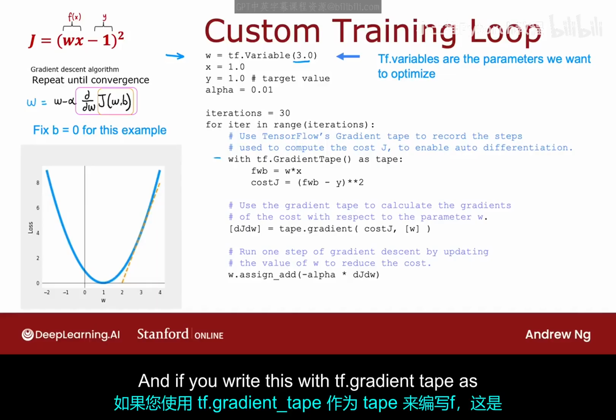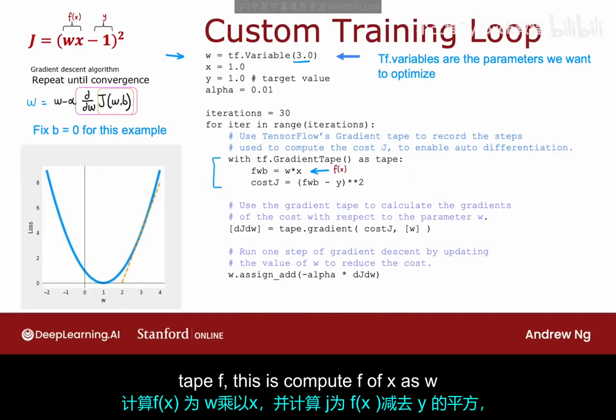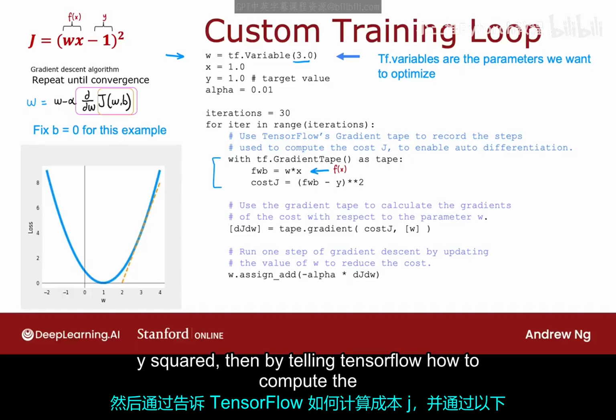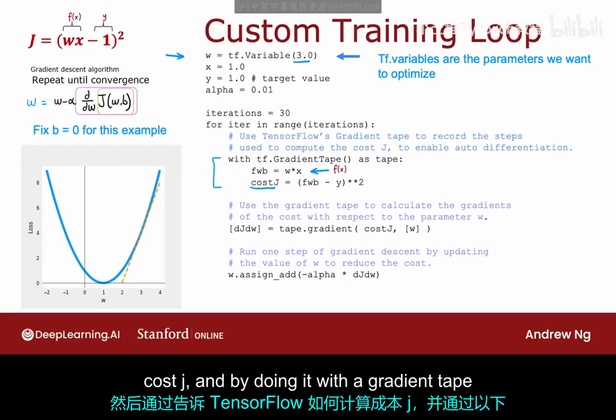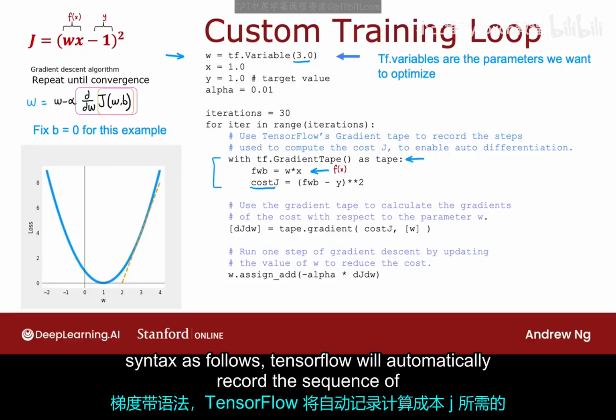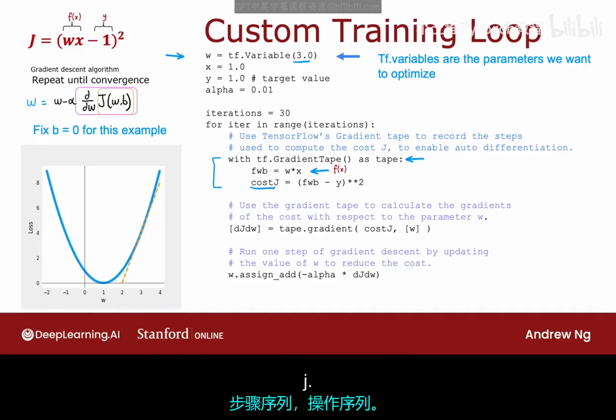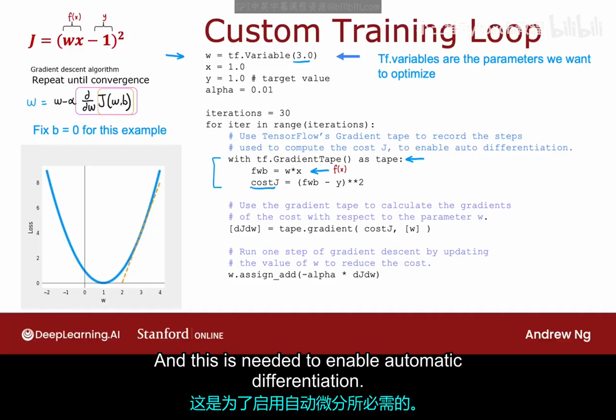If you write this with tf.GradientTape() as tape, compute f(x) as w times x, and compute J as (f(x) - y) squared, then by telling TensorFlow how to compute the cost J, and by doing it with the gradient tape syntax as follows, TensorFlow will automatically record the sequence of steps, the sequence of operations needed to compute the cost J. And this is needed to enable automatic differentiation.